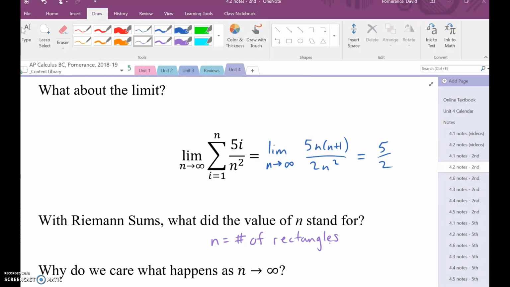So why do we care about letting n go to infinity? Well, we already talked about this on the worksheet, I believe, or the intro worksheet, that n goes to infinity means that the number of rectangles is getting bigger and bigger and bigger. Each rectangle is getting infinitely small, infinitely skinny. The change in x is getting very, very small, but the number of rectangles is getting bigger and bigger and bigger.